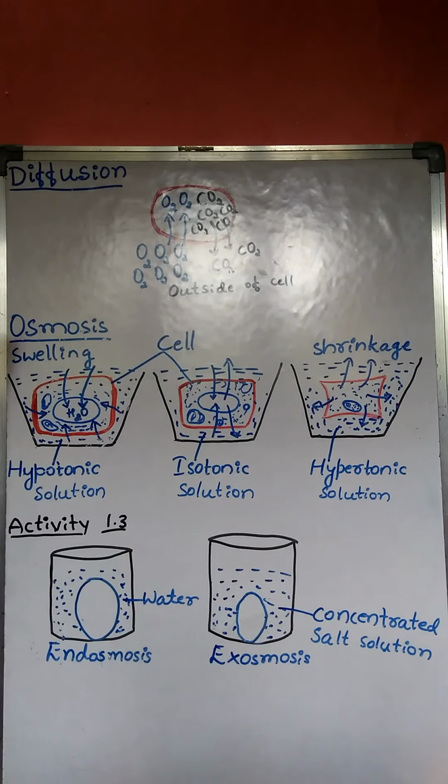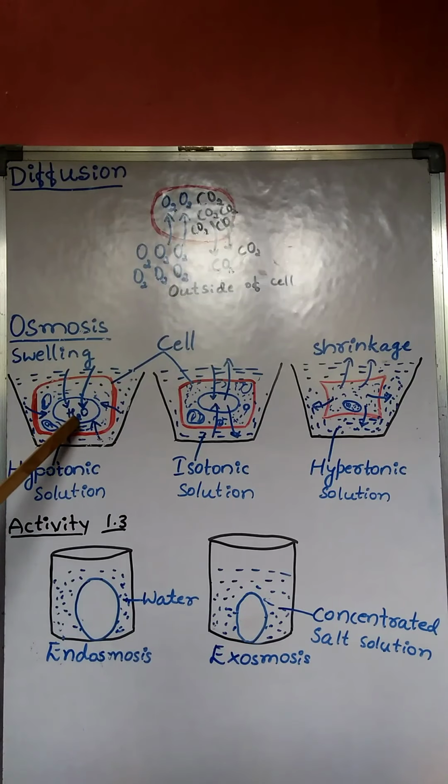So there is a net movement of water molecules into the cell. Movement of water molecules normally takes place in both directions, from outside to inside and from inside to outside, but more water molecules move in compared to the number which go out.